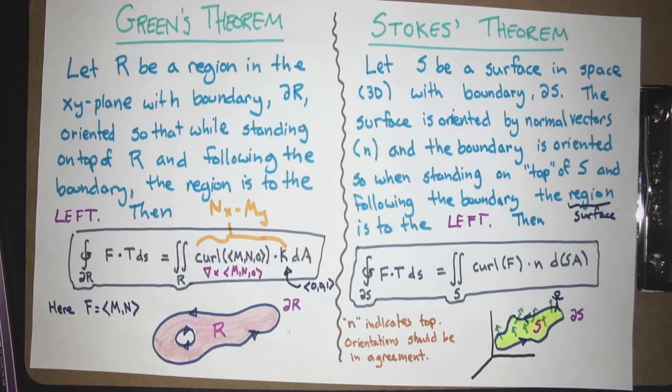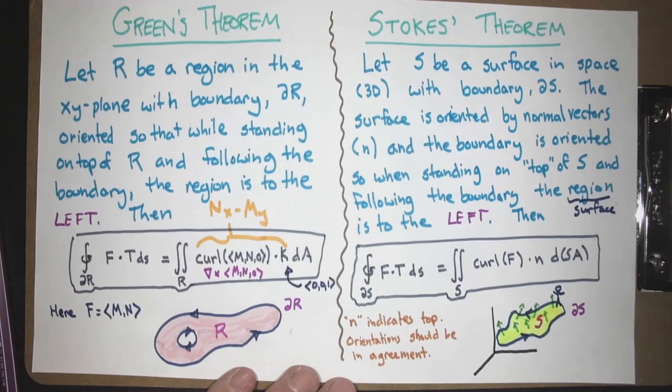It's in the direction of the z-axis. So that's your normal vector. And everything else just carries over. So we've essentially done a special case of Stokes' theorem already, which is Green's theorem. So essentially it's just, hey, it's Green's theorem in space.